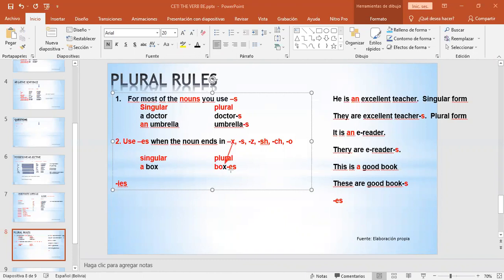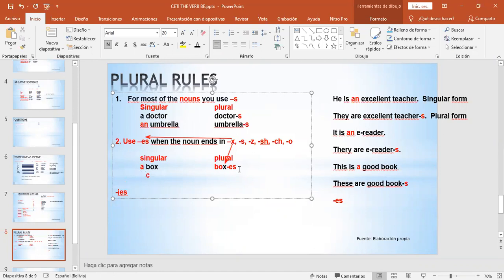X, ES. A box, boxes. Another example. Can you give me a noun? We're talking about nouns. Cash, teacher.